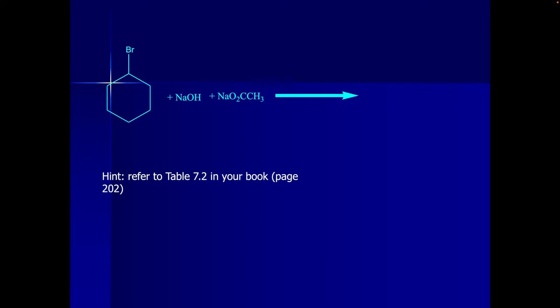Does that make sense to everybody? In the second reaction, the hydroxide is going to be the nucleophile. So the hydroxide is going to attack the carbon and the leaving group is going to leave. And I'm going to make this molecule plus sodium bromide. Okay?